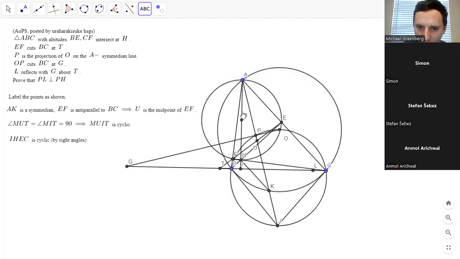So AH times AI is AE times AC, and we could show that if KUEC is cyclic by an angle chase.